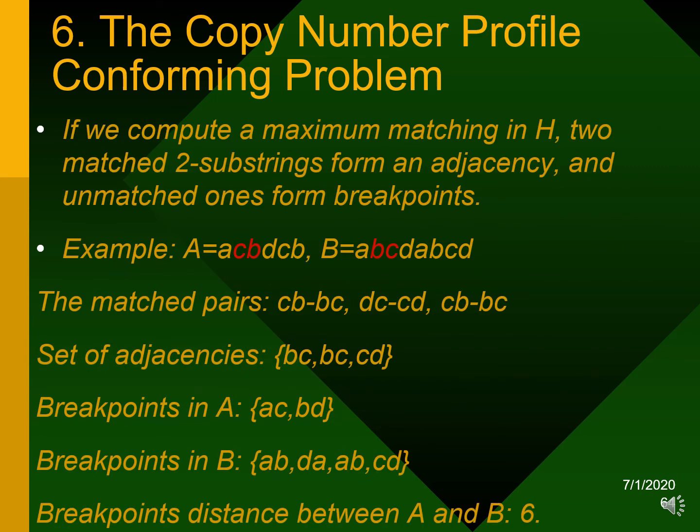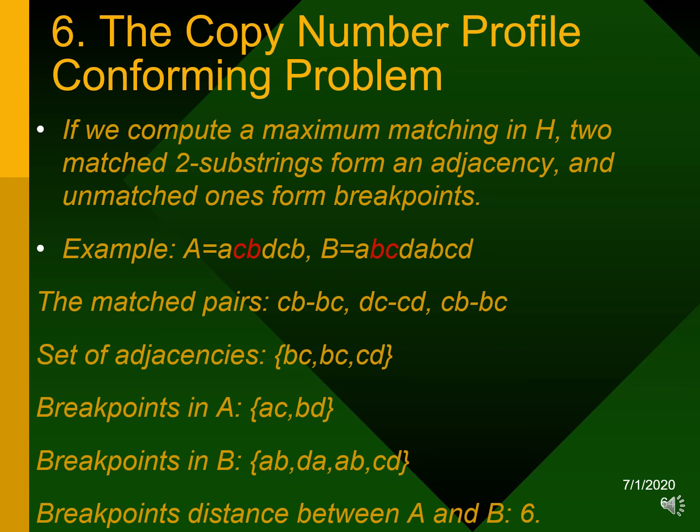Here is an example. So CB would match with this BC. You would have three matched pairs, giving us three adjacencies BC, BC, CD, and the remaining ones are all breakpoints. You have basically a total of 6, right? So remember that the numbers of adjacencies and breakpoints are complementary to each other.